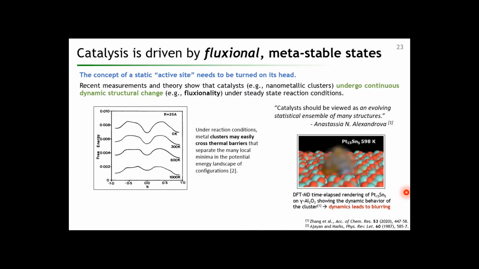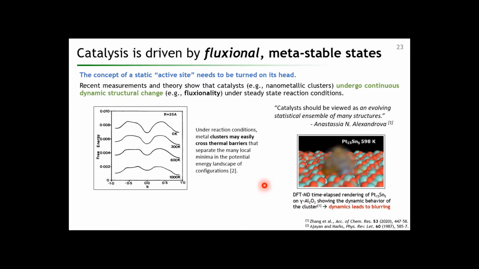There's been some historical as well as recent work reframing catalytic materials as an evolving ensemble of structures. So it's not just that there's a structure that's active and a structure that's less active. There are structures that are active and less active, but the catalyst is evolving through them all the time. There are varying degrees of activity that may exist at any time.